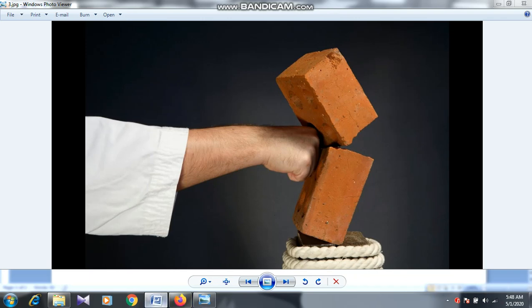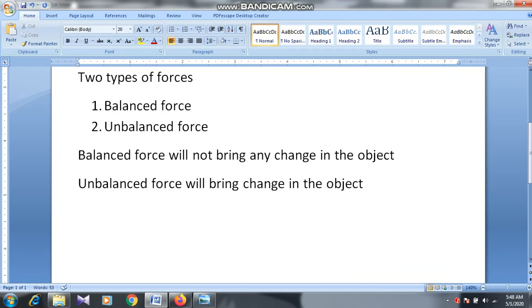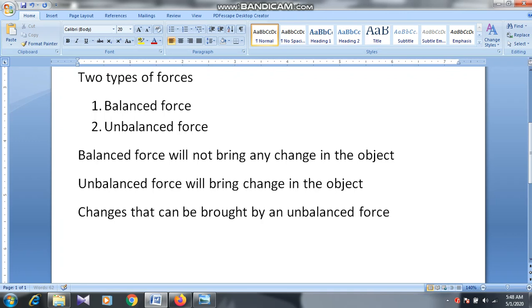Right. So now let's understand what the changes are. What are the changes that can be brought by an unbalanced force?